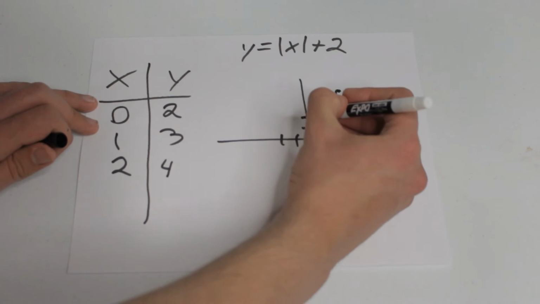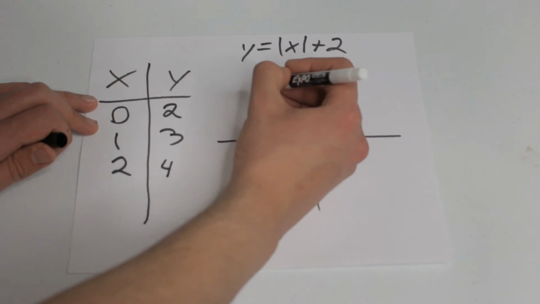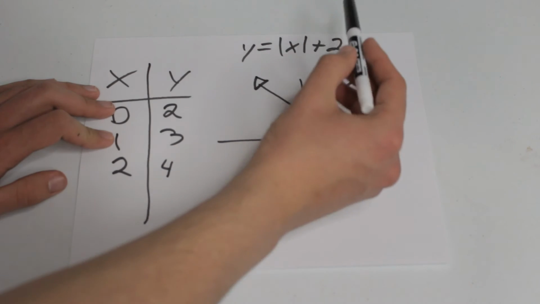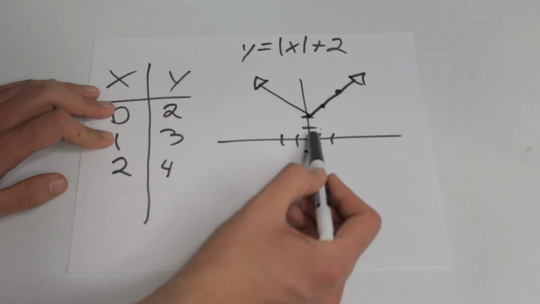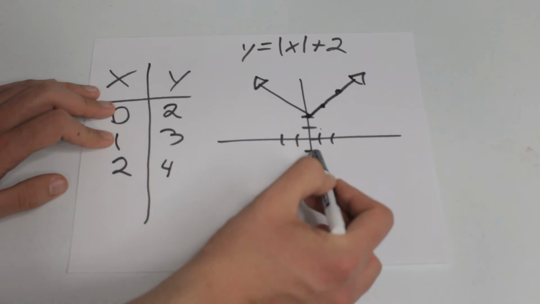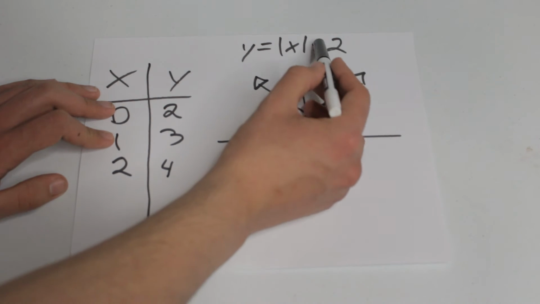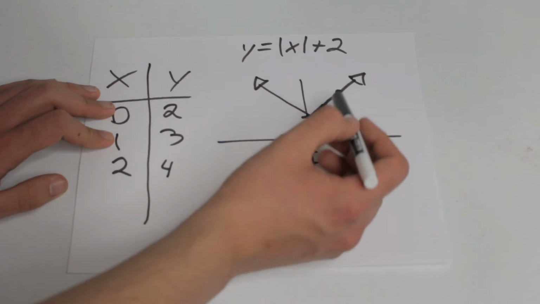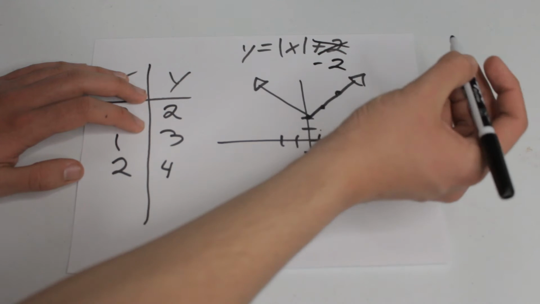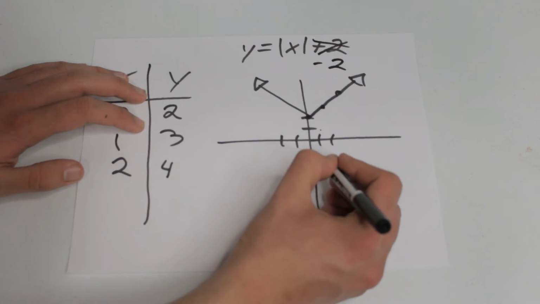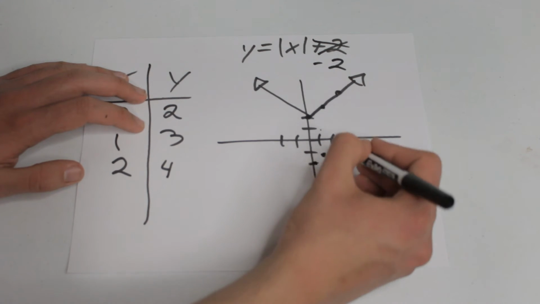And you'll get the same V shape like the other problem. So when the number is outside of the absolute value, it means that you only have to move it up or down depending on whether it is positive or negative. In this case it's positive, so you move 2 up. If it's negative 2, it's the same thing, just go 2 down, 1, 2, and start graphing.